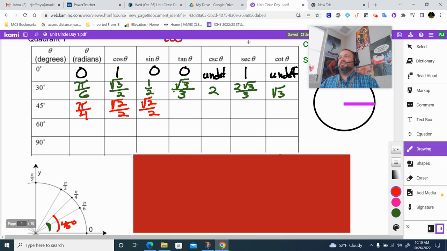Tangent's even easier. Tangent is sine over cosine, so that's this divided by itself, so this is 1. That means that our cotangent is 1. Reciprocal of this would end up being root 2 and root 2.